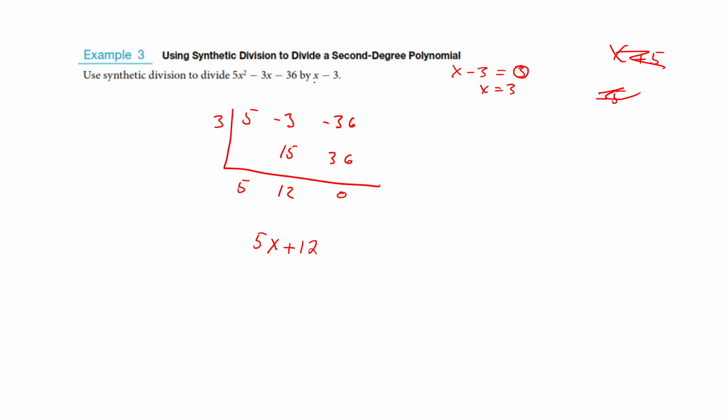It's the same process as long as this is the case: you can only do synthetic division if you have this form. You cannot do 2x minus 3. Your leading term on that x has to be a 1. There's a workaround that some people use, but we're not going to do that in this course. So you can only do synthetic if this is 1x minus whatever your root is.